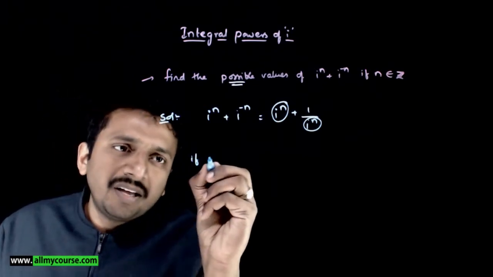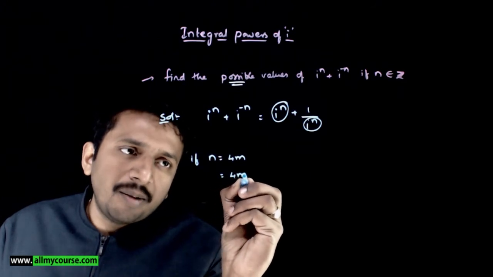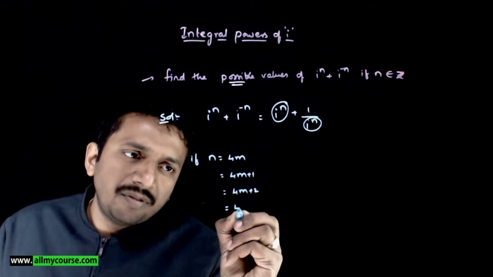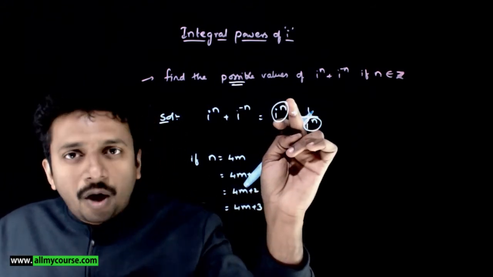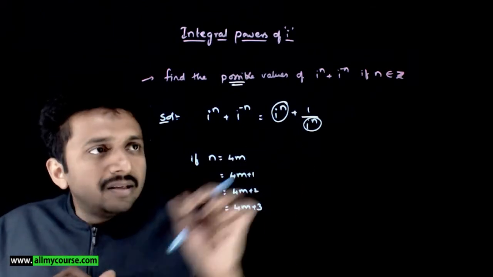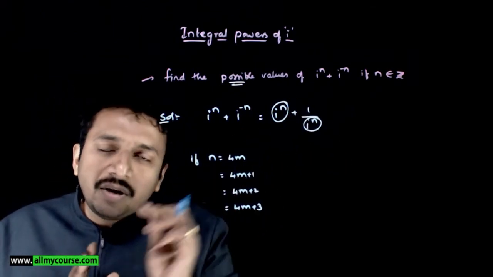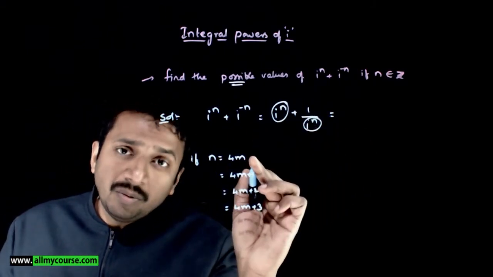So n is of the form 4m, n is of the form 4m plus 1, n is of the form 4m plus 2, n is of the form 4m plus 3. Depending on what the form of the power is, you get 4 different values for i power n. If n is equal to 4m, i power n will be equal to 1.